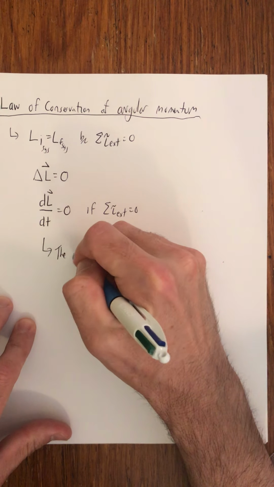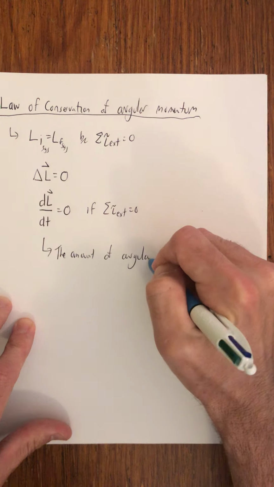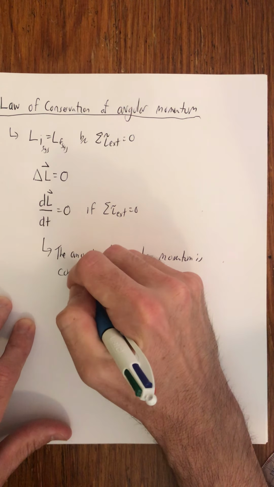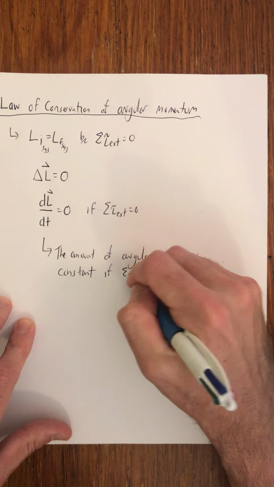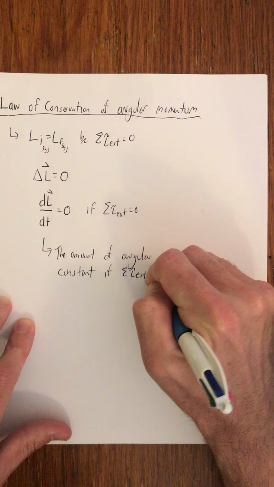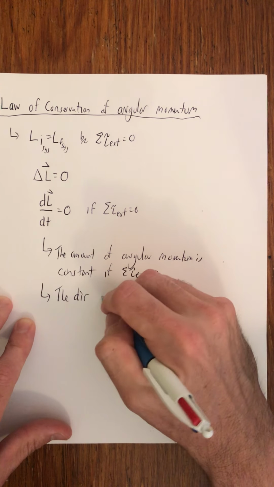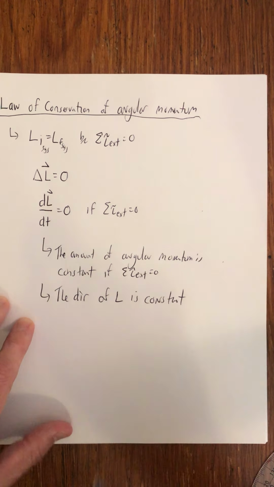It says the amount of angular momentum is constant if the net external torque is 0, but it also means the direction of L is constant in that same perspective.